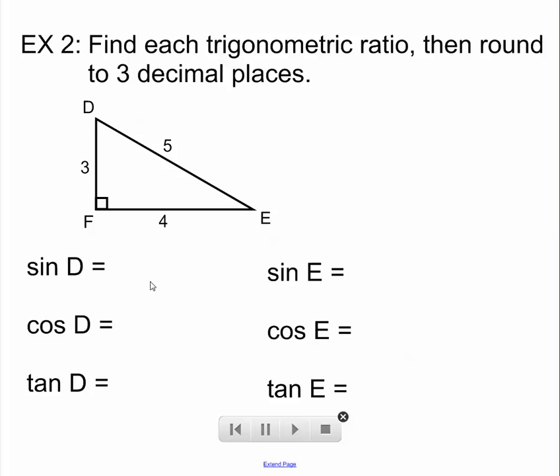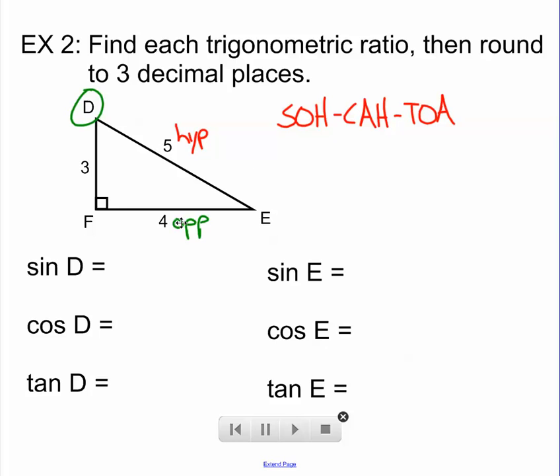Here's a very common right triangle, a 3, 4, 5 right triangle. We're going to find each trigonometric ratio, and then we're going to round to 3 decimal places. So for angle D, we're going to use SOH CAH TOA. I always like to scribble that down real quick. For angle D, this is the hypotenuse. It's never going to change.